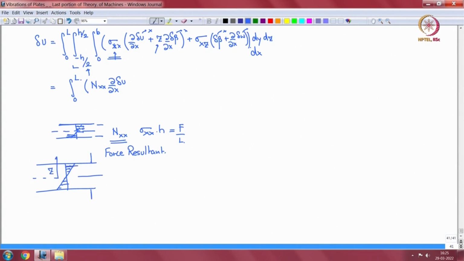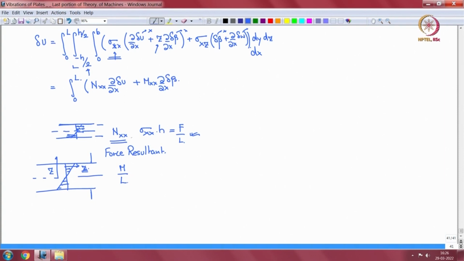If I multiply by the corresponding z, then I get a moment. But that is not a full moment because it is a moment per unit length, just as this was a force per unit length. And so what we get here is plus mxx del by del x delta beta.